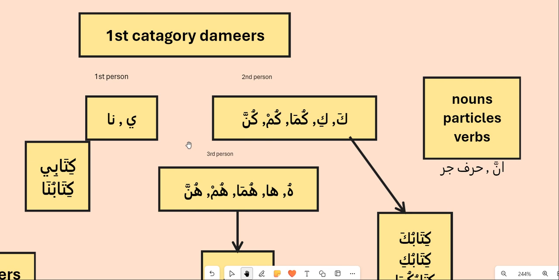So first let's see what kind of damirs those are. For the first person, we use ya mutakallim, when you want to say that this is my book. And noon al-fa'ilin, the name of this damir, noon with alif, is known as noon al-fa'ilin. In Arabic grammar, you should know the damirs by name.